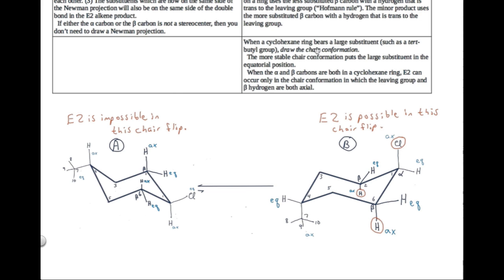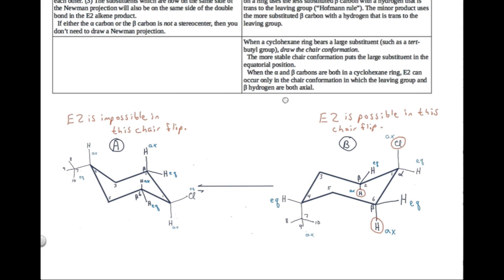But on the other hand, the axial position is the only place where we can put the leaving group and the beta hydrogen and still get an E2. So we need the leaving group and the beta hydrogen to be axial in order to accomplish E2. So these ideas are more complicated than equatorial good or axial good. Try to learn these ideas in more detail so that you can see what the role of equatorial and axial is in this thought process.